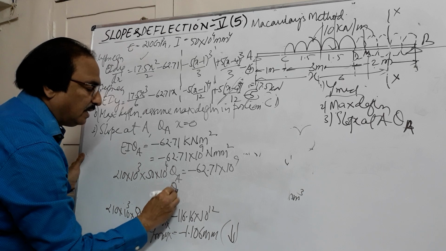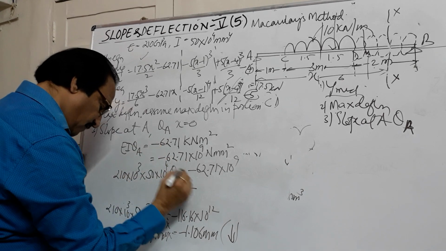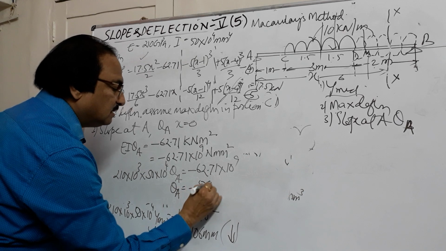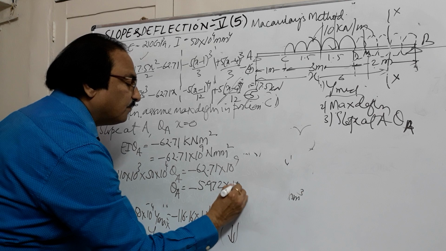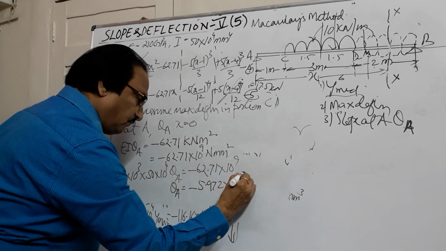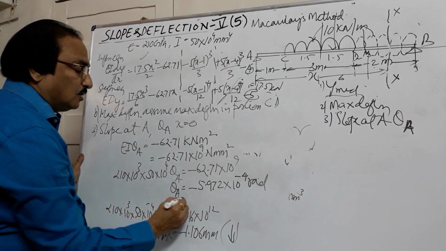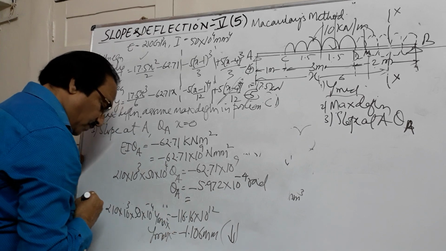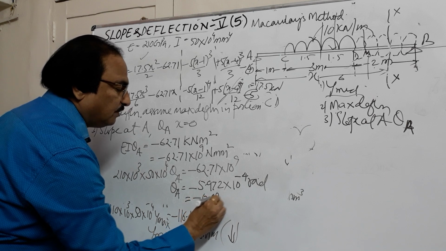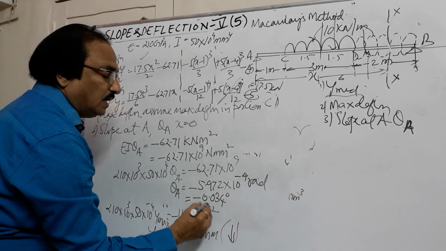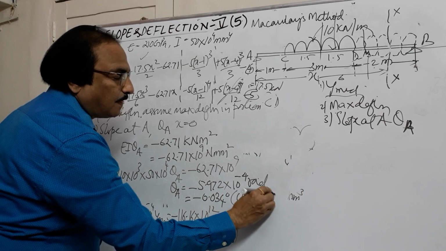So theta A, if you simplify, will be minus 5.972 into 10 to the power of minus 4 radians. If you convert into degrees, it will be minus 0.034 degrees. It is negative, that means the rotation is clockwise.